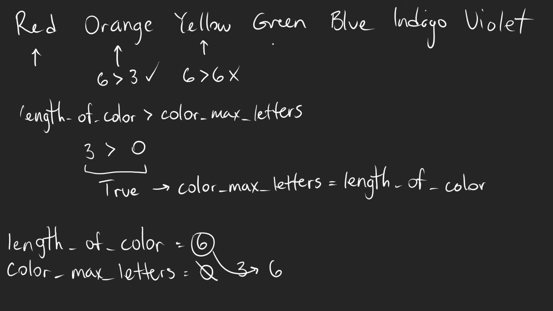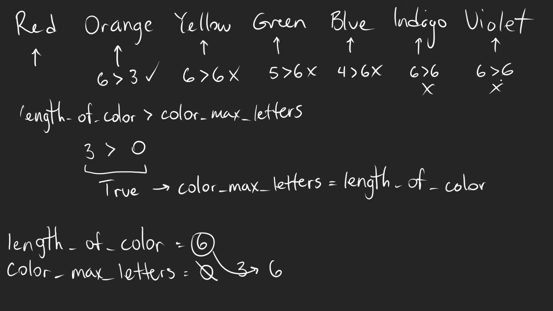So we'll move on. If we take green, green has 5 letters. Is that greater than 6? No. So we know to move on. Blue has 4 letters. Is that greater than 6? No. We should move on. Indigo, I-N-D-I-G-O, that has 6 letters. Is that greater than 6? No. Finally, violet, 6 greater than 6?